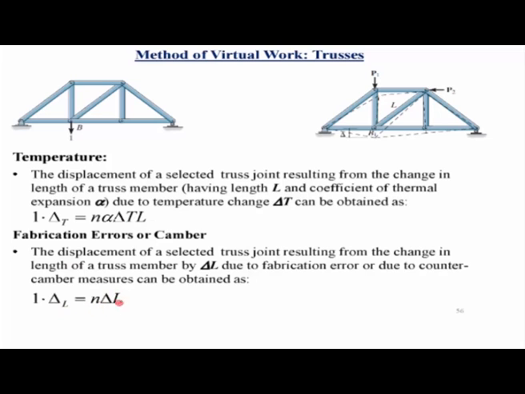Here the change in length is already given, that is the fabrication error, delta L. So that is multiplied by the member force in that member due to the applied virtual load. So if the joint deflection at this joint B is required due to a fabrication error in this member, and the fabrication error is delta L, we apply the unit virtual load, calculate the member force N in this member due to the unit virtual load, and N times delta L would give you the deflection of this joint.